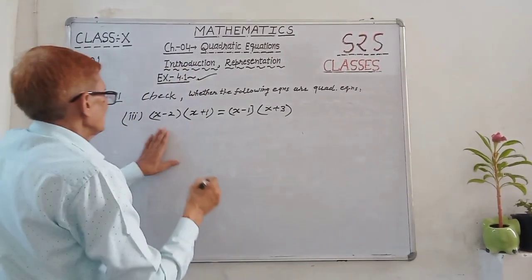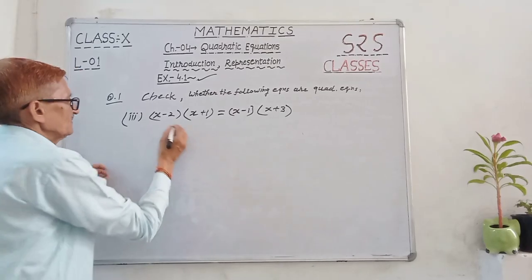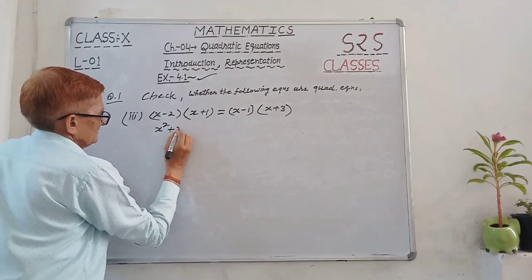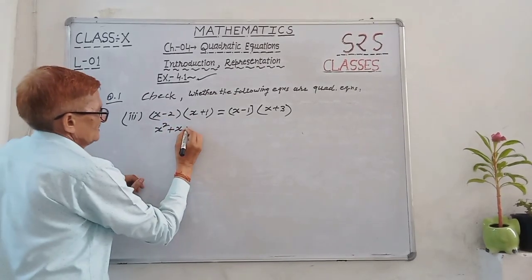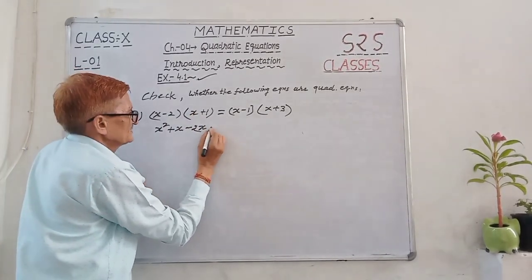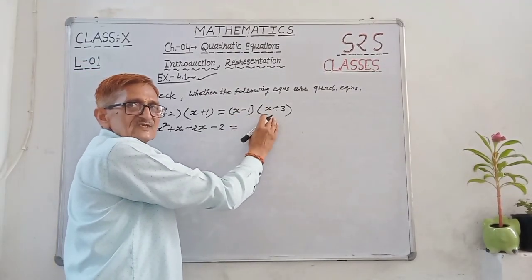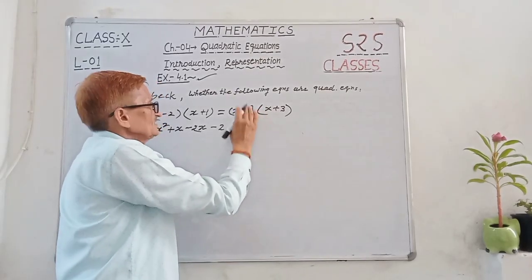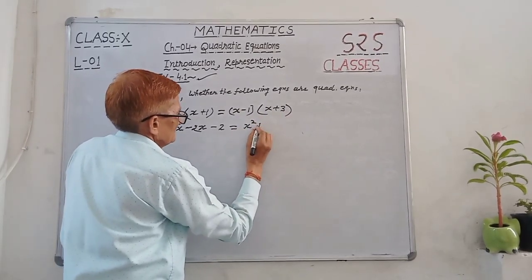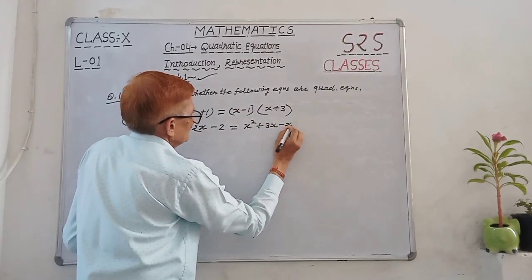Multiply, simplify: two terms with two terms, so each term with each term multiply. x with x, x square, x with plus 1, then plus x, now minus 2 with x, minus 2x, and minus 2 with plus 1, minus 2. Similarly here, binomial with binomial multiplication, each term with each term: x into x, x square, plus 3x, minus x, minus 3.